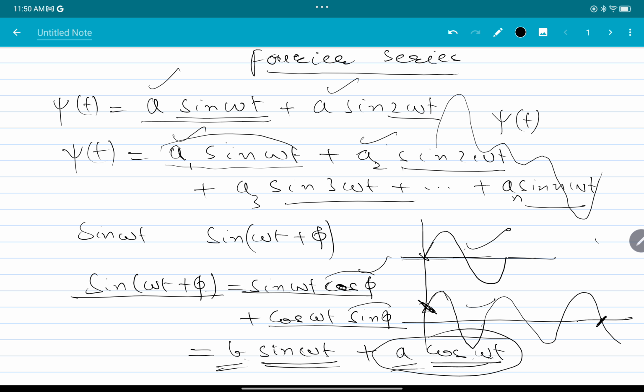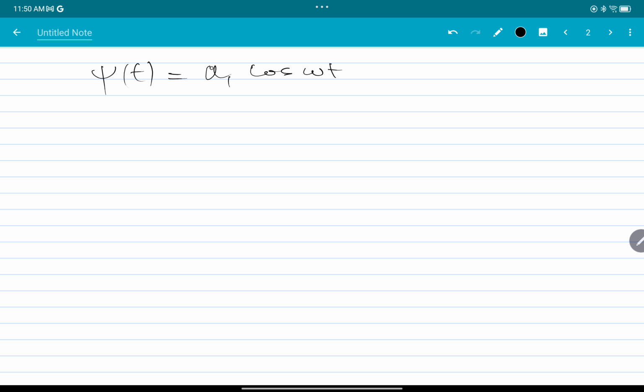So I write this cos term here first, then the sine terms. The cos terms are a1 cos omega t, then a2 cos 2 omega t, then similarly a3 cos 3 omega t, and so on till I have an cos n omega t.